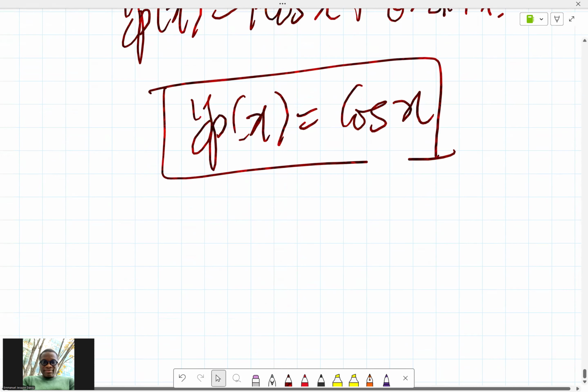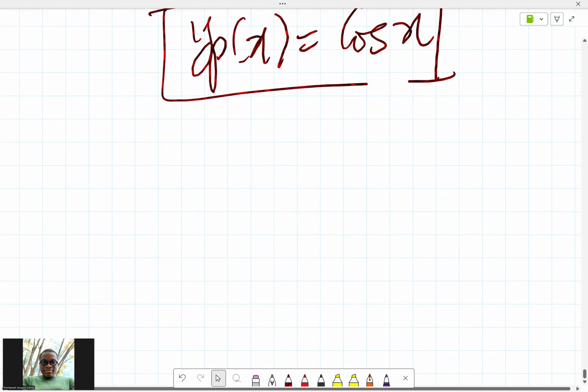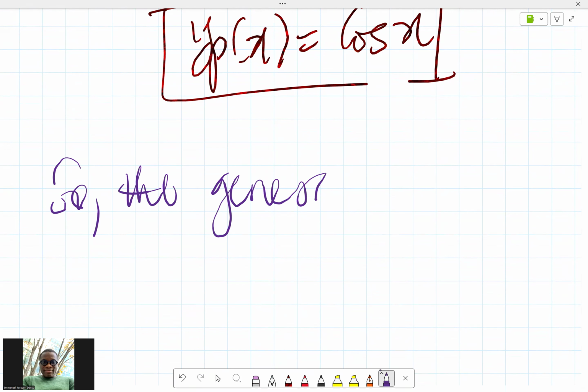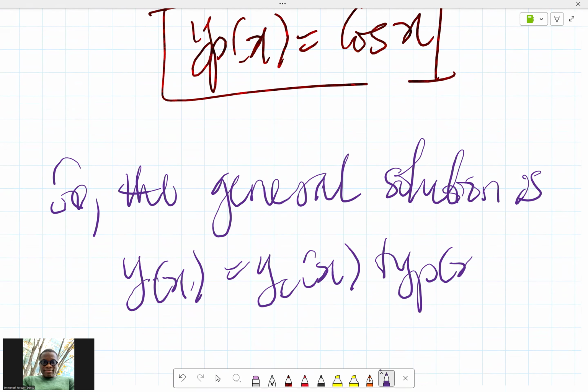So we can then conclude that the general solution is y of x equals yc of x plus yp of x.